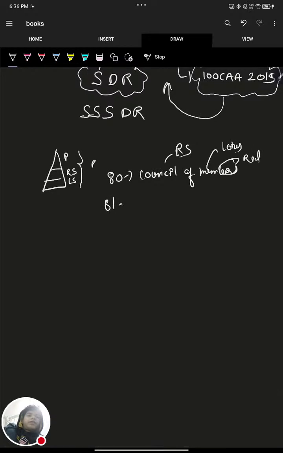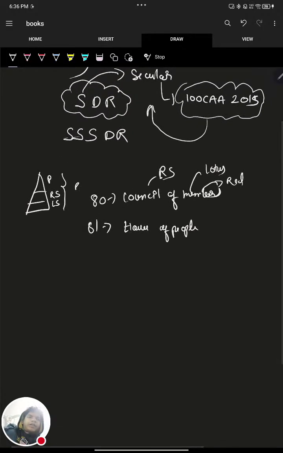Now 81 is the house of people, which is basically your Lok Sabha, and it is represented by the peacock, the main symbol. The green color is the whole coloring.